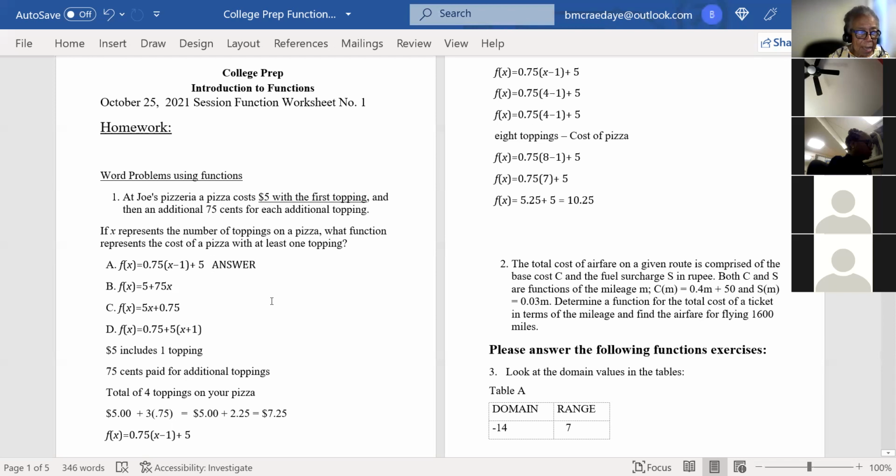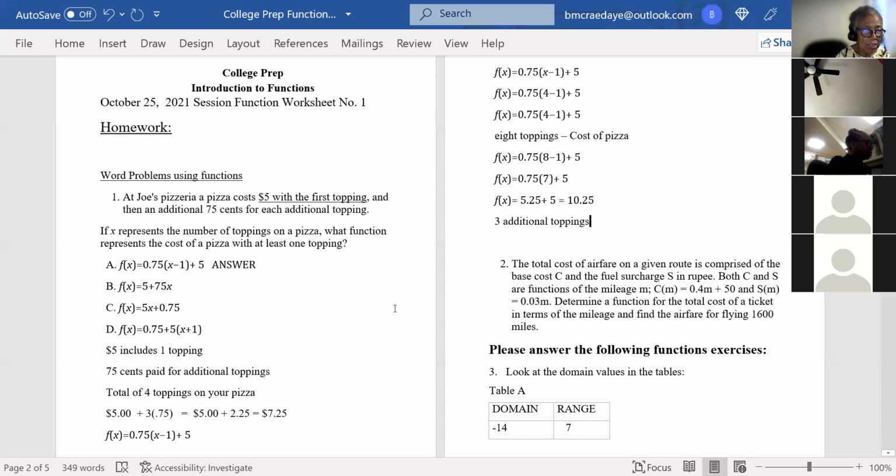Audrey, 3 toppings. What would my pizza cost? $15? Where are you getting 15? I still didn't understand that. 3 additional toppings.